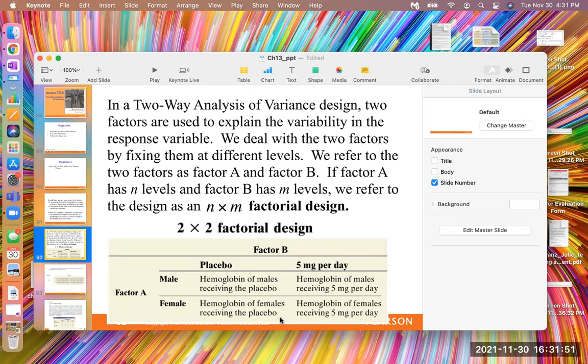In this example, they're trying to figure out the hemoglobin of males and females, just of people. Some men are taking the placebo, some women are taking the placebo, some men are taking the 5 milligrams, and some women are taking the 5 milligrams. So every level of the medication is matched with every gender. Well, there's only two genders, but both genders.